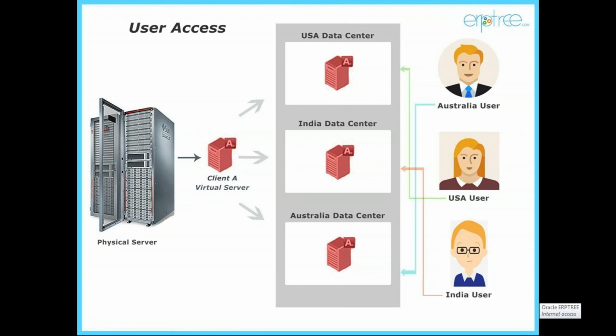They'll maintain that same server cache in the three country data centers. The URL would be the same. When a user is trying to connect, the system will identify which country the user is located in. If the user is located in India, it will redirect that access to the India data center.